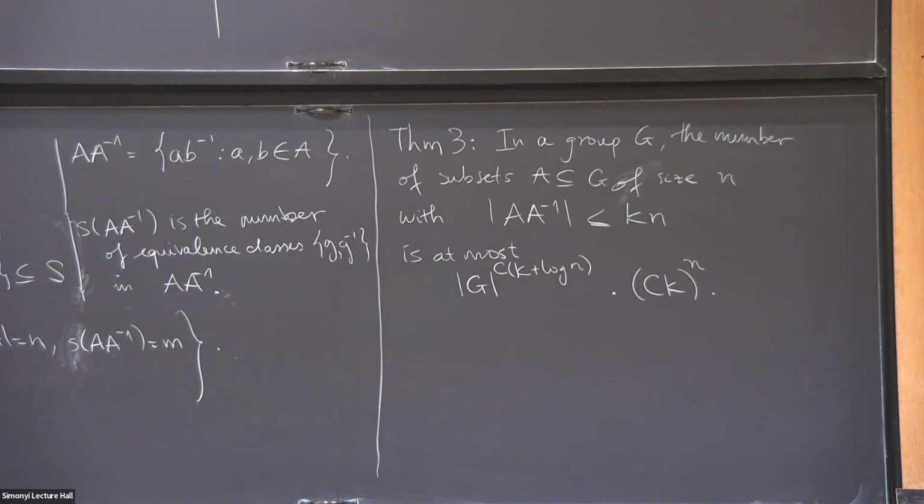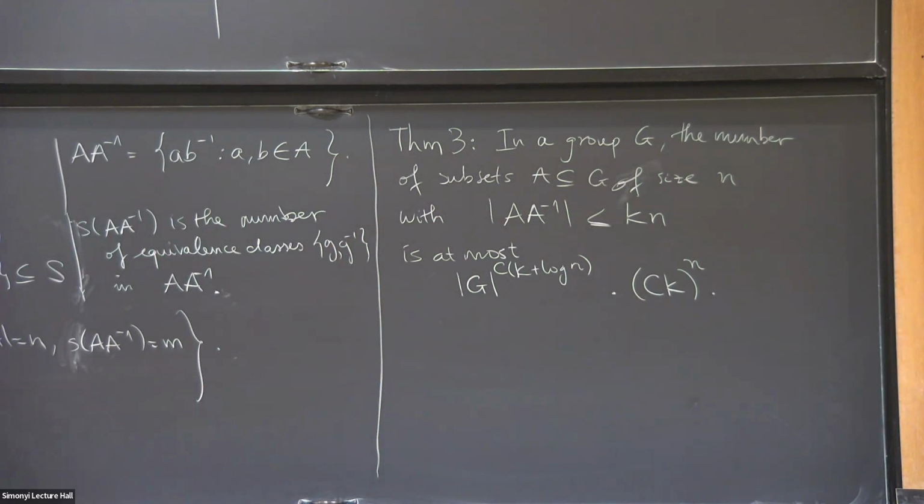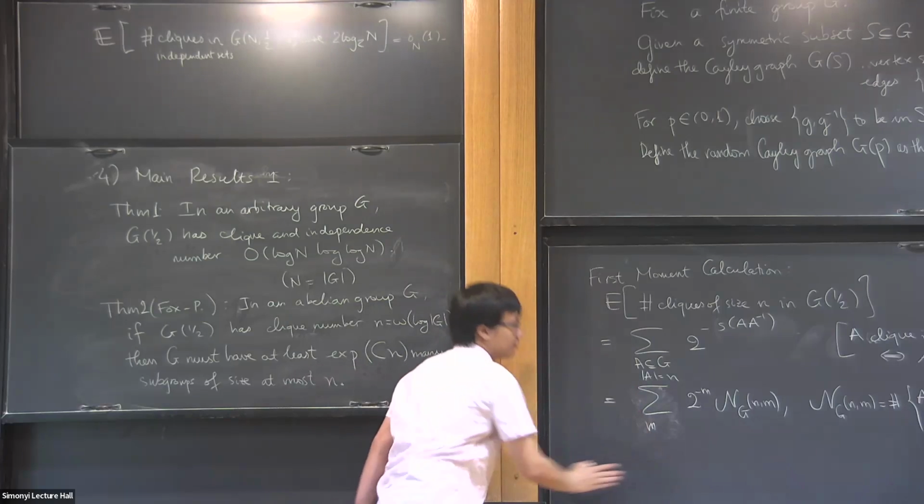If you plug in this upper bound on N_G(n, m), where m now corresponds to big K times little n, then it's an easy calculation to see that if we pick little n to be some constant times log n log n, then this is going to be very small.